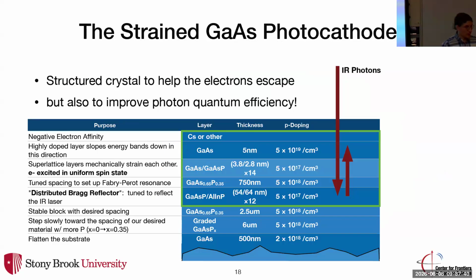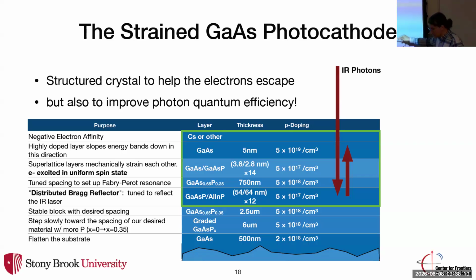This cathode is really, if you're condensed matter folks, you can probably make more of this than I can, but we have a really complex structure. So we have a wafer underneath, and then we have some gallium arsenide to flatten that out. And now we're going to start building towards this green block that we want by slowly doping gallium arsenide phosphorus a little bit more, a little bit more, a little bit more to change the spacing to match our cavity here.